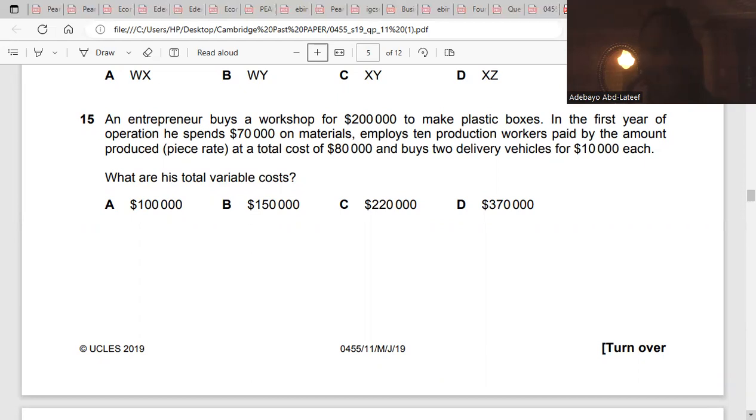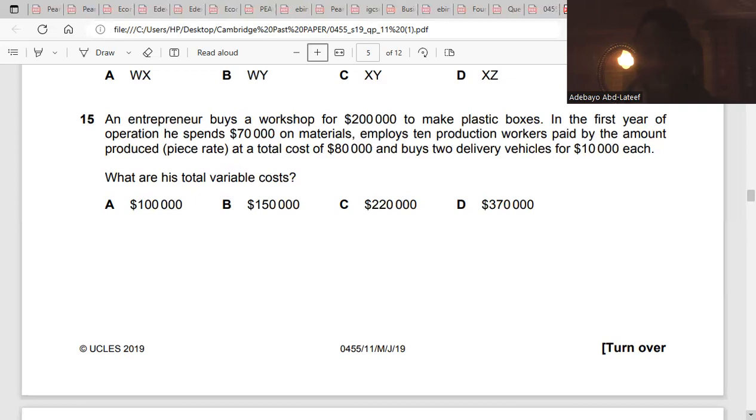Then we have a total cost of 80,000 for the workers. The 2 delivery vehicles are not a variable cost. So our variable cost here is, in the first year, 70,000, which is on material, that's a variable cost.